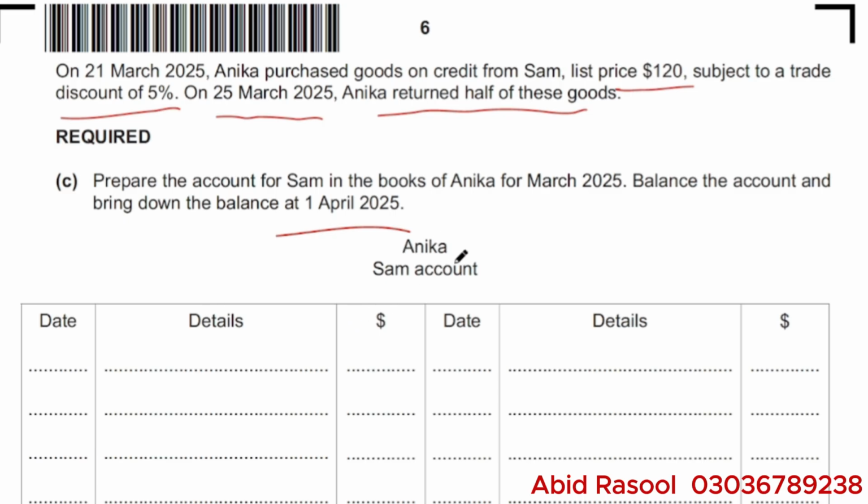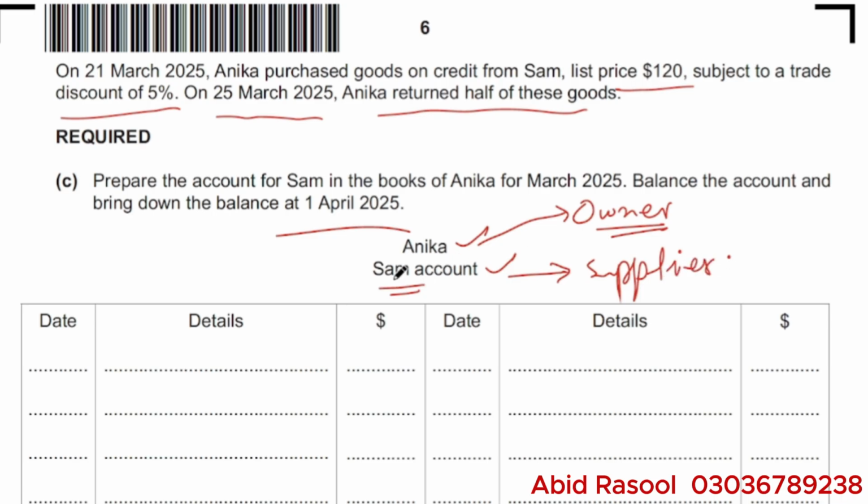Two names are written here, Anika and Sam. Here Anika is the customer and Sam is the supplier. Anika is the owner of the business whose accounts we are preparing, and we are preparing the account of Sam. Sam is the supplier from whom Anika buys goods on credit.